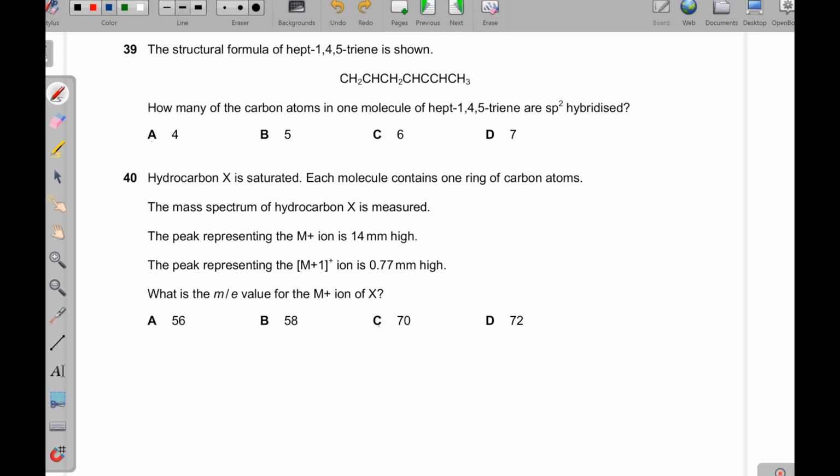Then question 39, the structural formula of hepta-1,4,5-triene is shown here. Now you can see that here we are going to have a carbon, then a hydrogen, double bond, carbon, then put a hydrogen here. Then there is C here, there is CH, then CH2. So we shall have CH2 here.